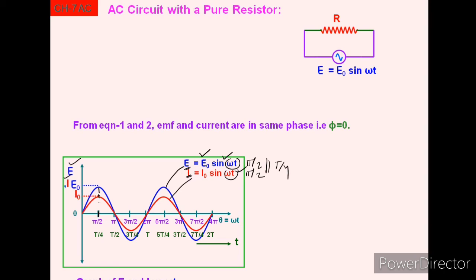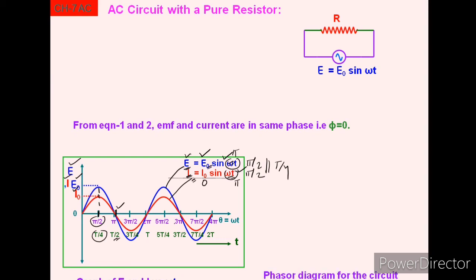It means that both current and EMF achieve the maximum value at one time, at T by 4 or at phase of pi by 2. Means there is no phase difference between them. They attain the same values at the same moment.